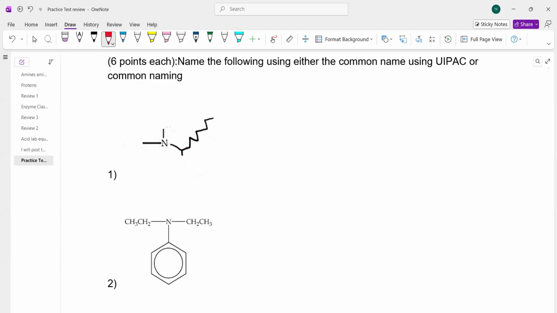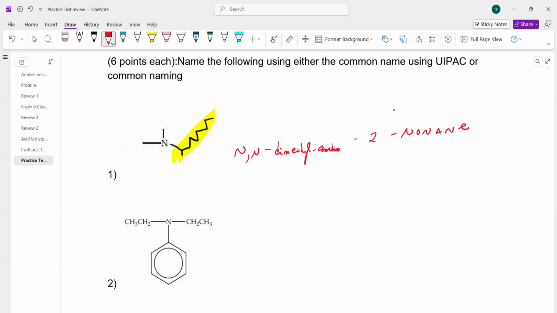It's a 9-carbon backbone, so it's going to be a nonane with a branch at carbon number 2, and that's going to be N,N-dimethylamino-2-nonane.